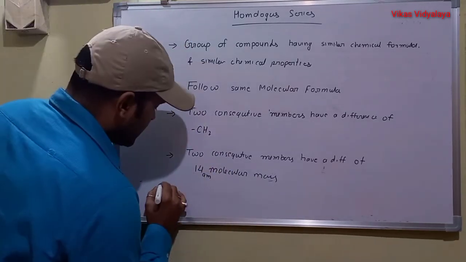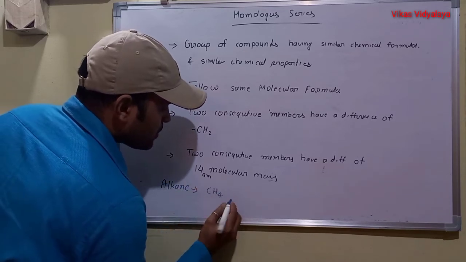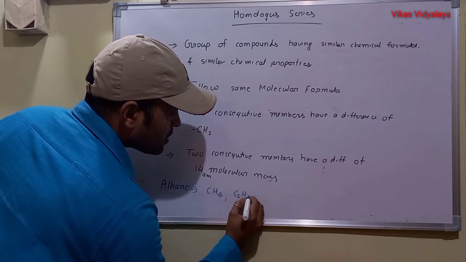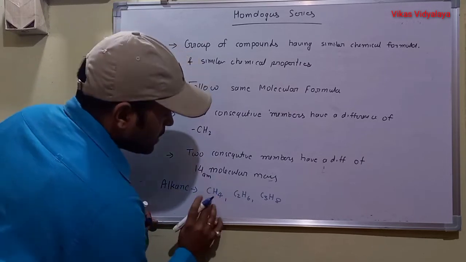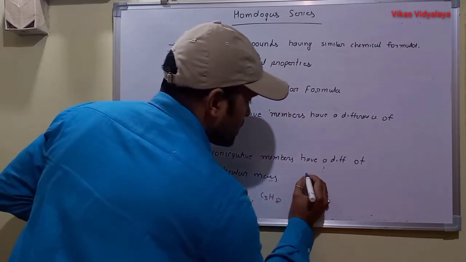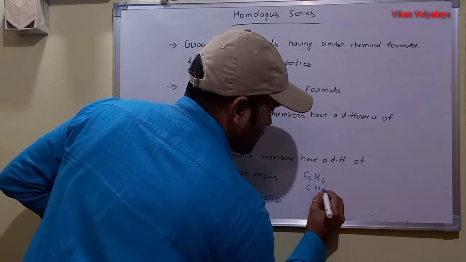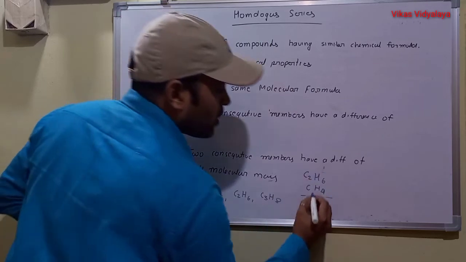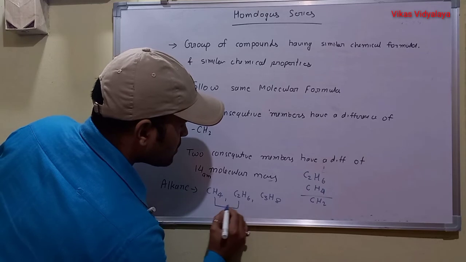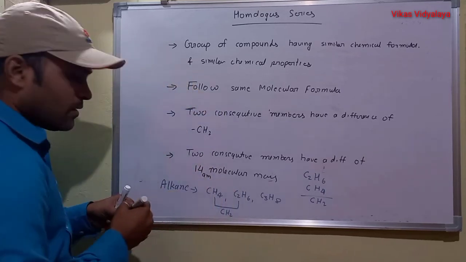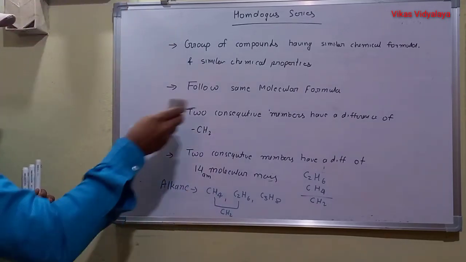The example is alkane. Alkane is a homologous series in which the first member is CH4, second member is C2H6, third member is C3H8. If we take the difference of C2H6 and CH4, we get CH2, meaning there is a difference of CH2. I will discuss in detail. So first take a screenshot and I will discuss it later.